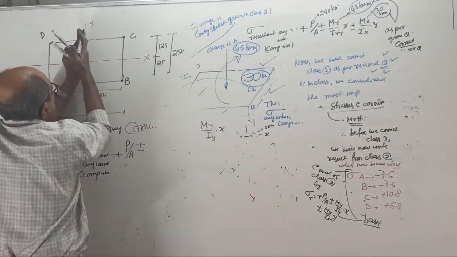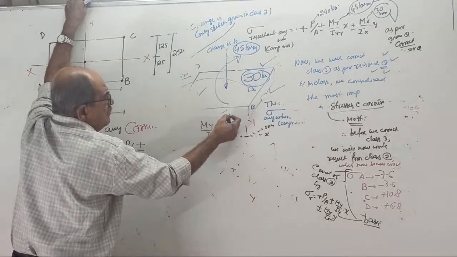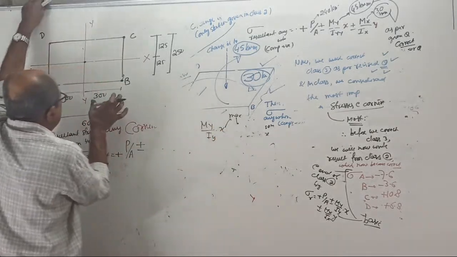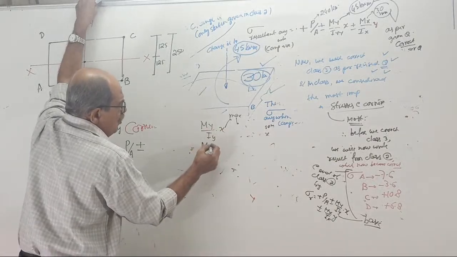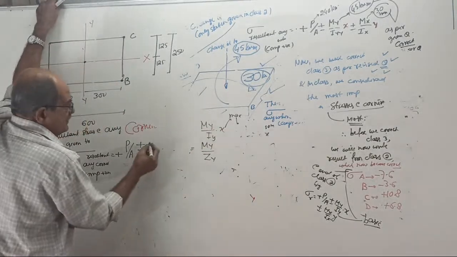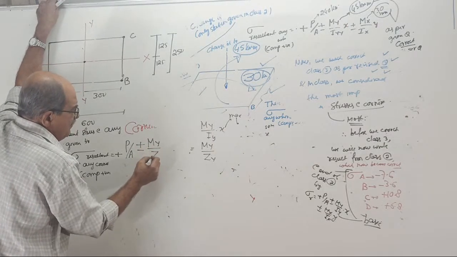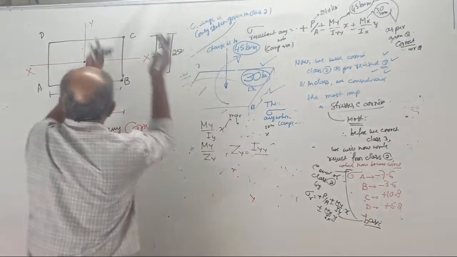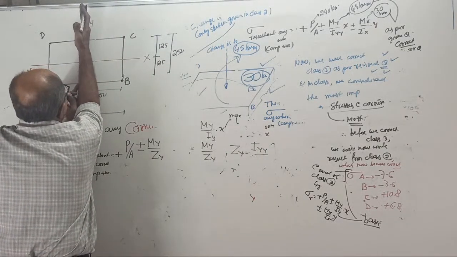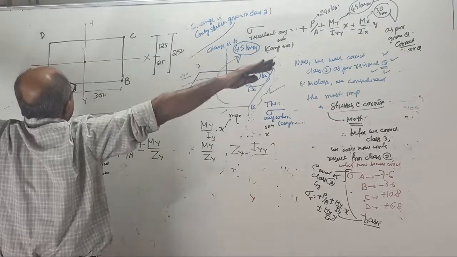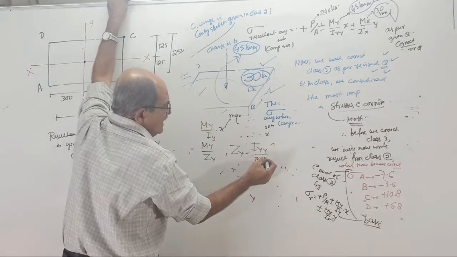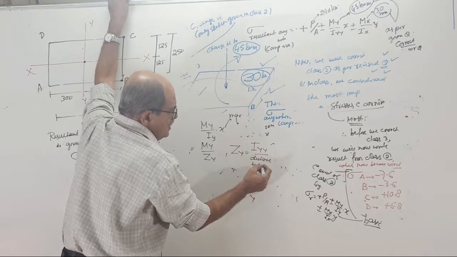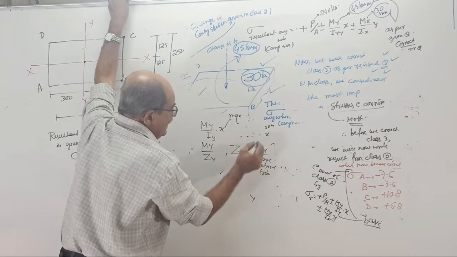Now your x will become maximum, that is, this x will become maximum, so My divided by Zy plus or minus Mx divided by Zx, where Z about yy is I about yy divided by the maximum extreme fiber distance with respect to the y axis.